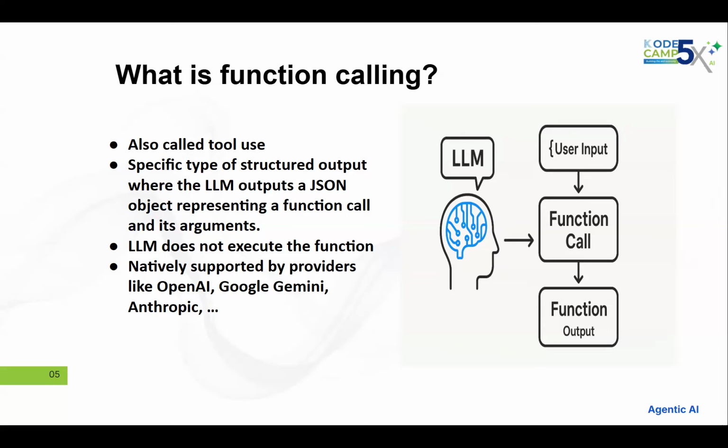There are LLM models that natively support function calling, from providers like OpenAI, Google, and Anthropic, and so on. They provide a number of function calling enabled, tool use enabled models. Does anybody have any question at this point?